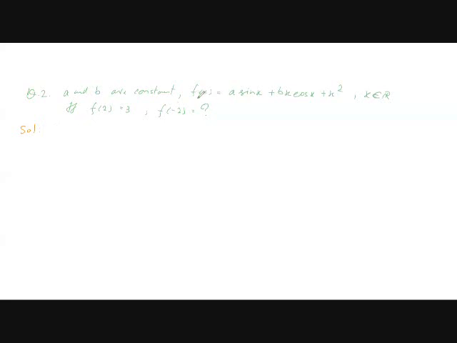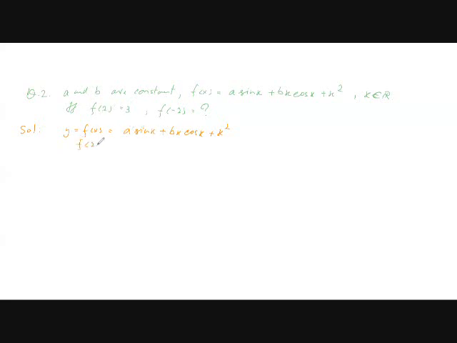So because f of x equals this, we derive f of x equals a sine x plus bx cosine x plus x squared. Then f of x when x equals 2 equals 3, so you replace x there with 2.